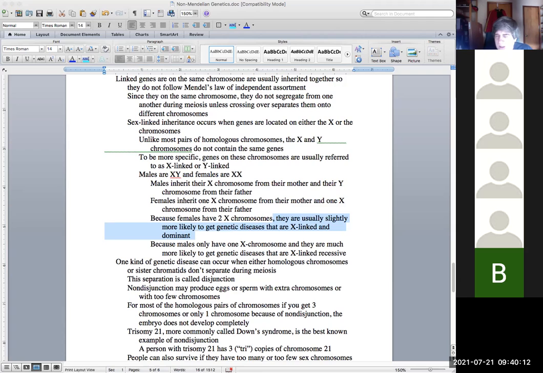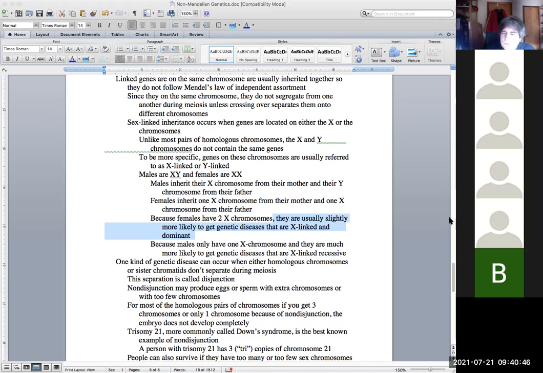That's what the winner gets. But a female is buying 2 tickets for the lottery. Males only have one X chromosome, so they're only buying 1 ticket. So females are slightly more likely to get genetic diseases that are X-linked and dominant. Notice it's not a big difference. For most diseases that are X-linked and dominant, what we find is that maybe 52% of the people who have it are female and 48% are male, or 55% are female.